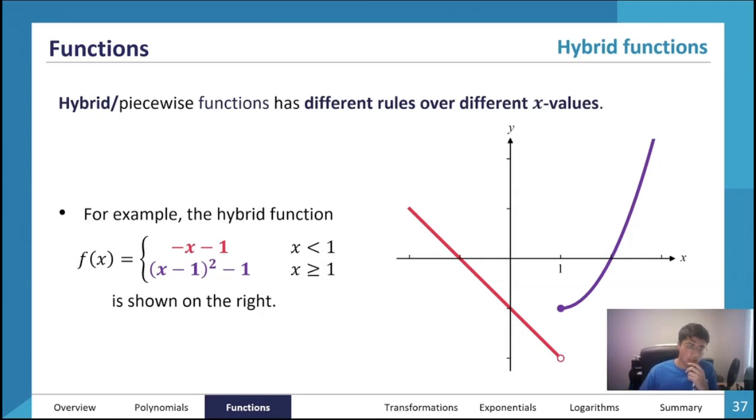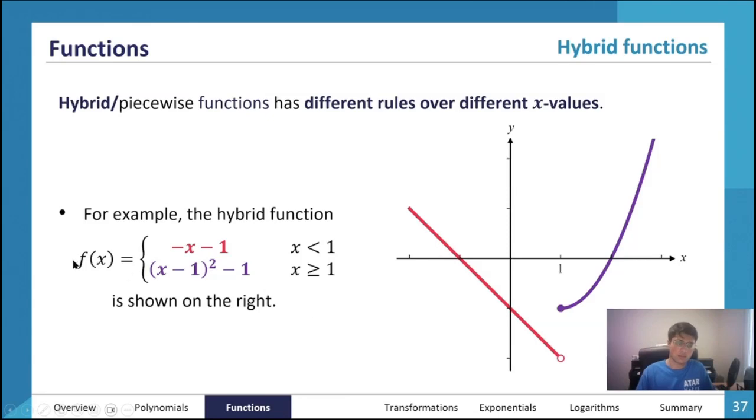If we're looking at this particular example here, we have this as a hybrid function, and the way it looks graphically is this. Other than this distinction where they have different rules over different x values, they're basically the same as normal functions. They'd function as you'd expect.